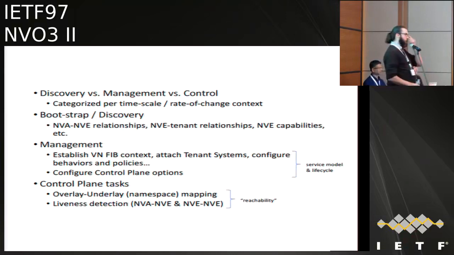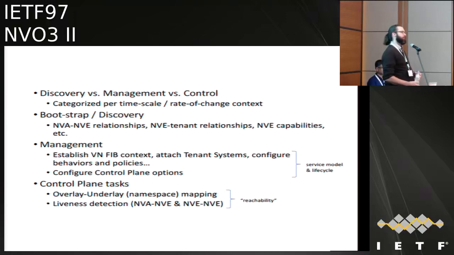Ali Sajasi. To me, it seems like there is some confusion with respect to the scope of the work. We talk about the orchestration and lifecycle management of the VM and workload. That, in my opinion, should be outside the scope of this work. What should be inside the scope is basically the management and control for setting up the overlay layer.